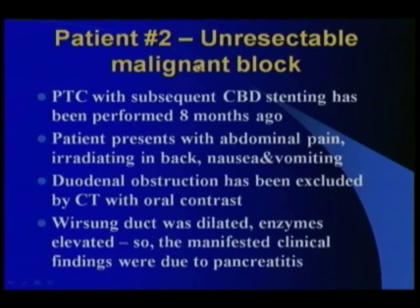The second patient with unresectable malignant block of Wirsung duct and biliary tract also. PTC with subsequent CBD stenting has been performed to this patient 8 months ago, and then he presented with abdominal pain irradiating to the back, nausea and vomiting.